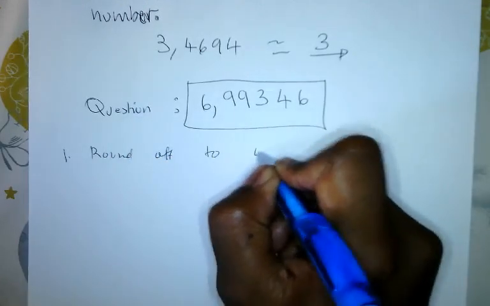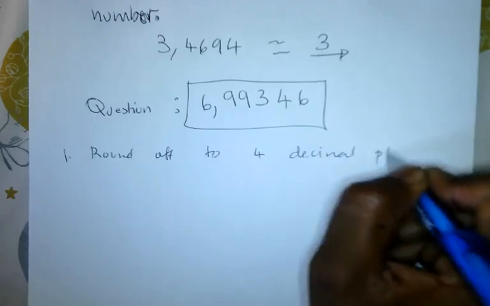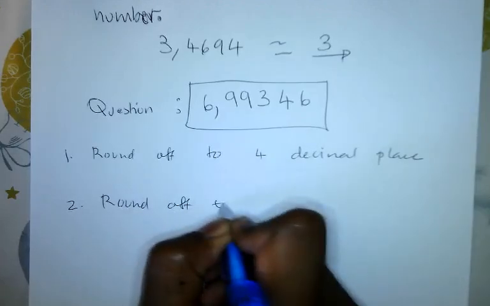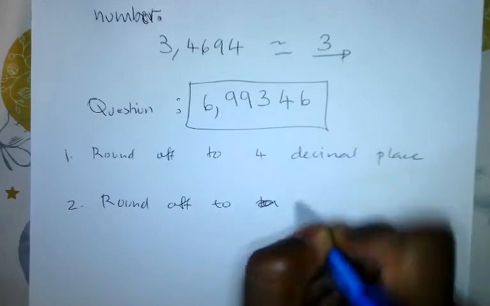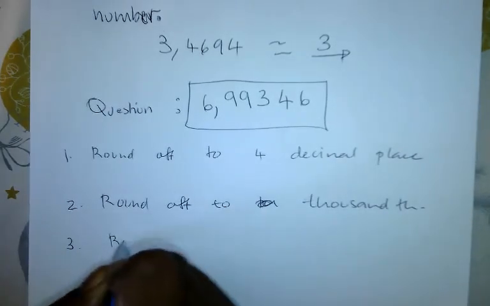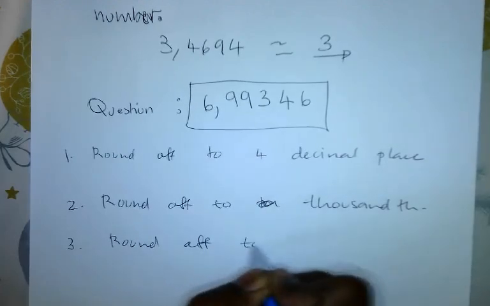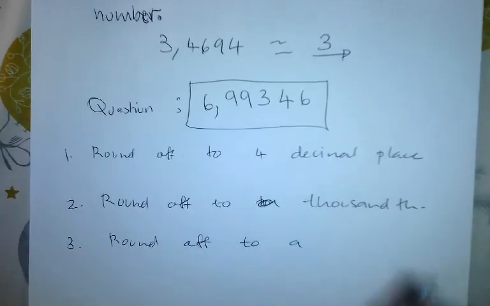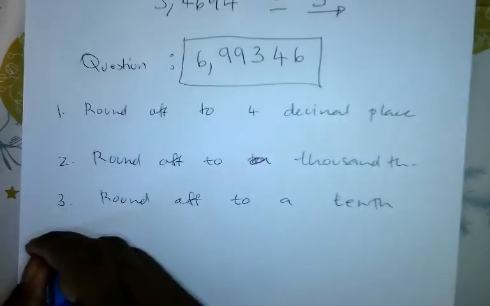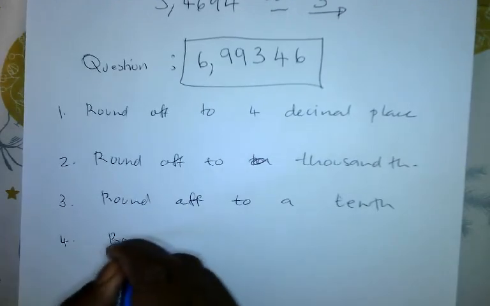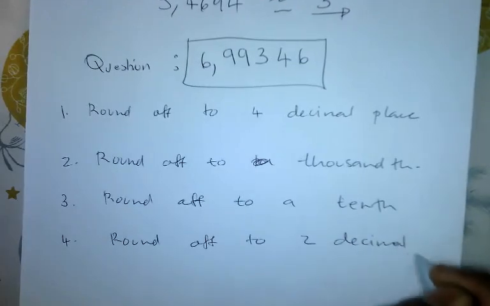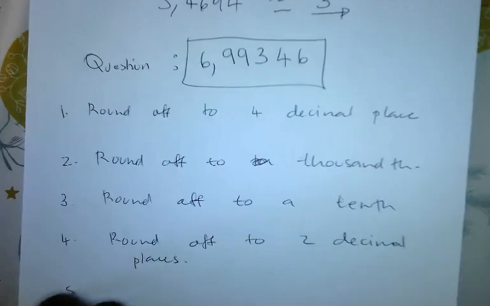Round off to 1,000. And the last one, nearest whole number.